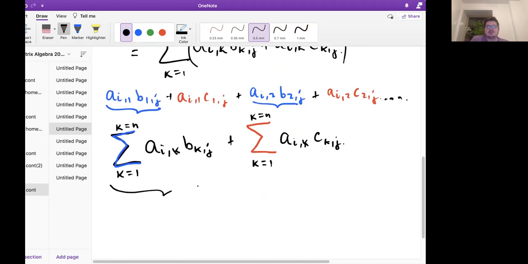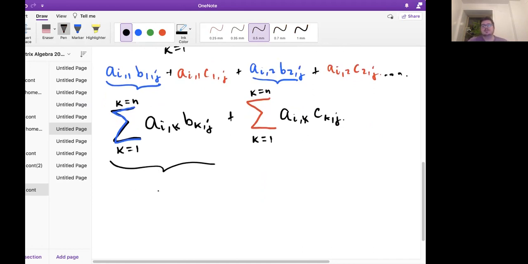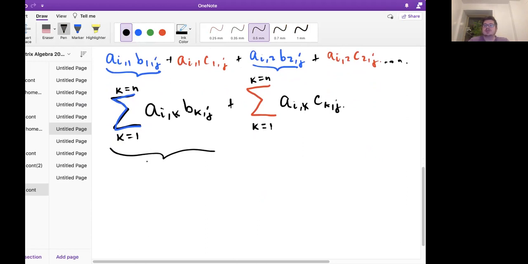So what are the entries in this matrix? Sorry, these are the entries of which matrix? That is the definition of matrix multiplication for what? What matrix has those as its entries?